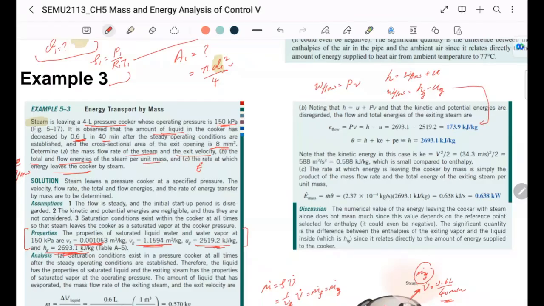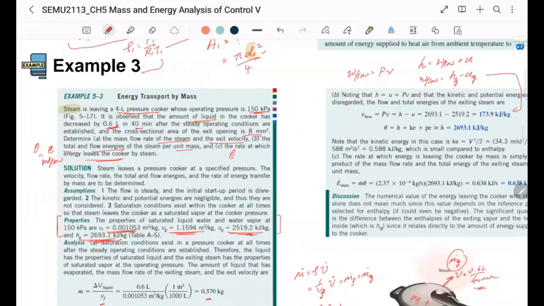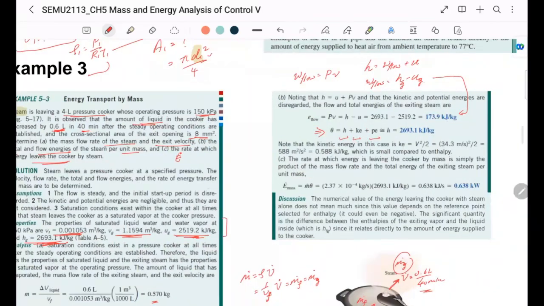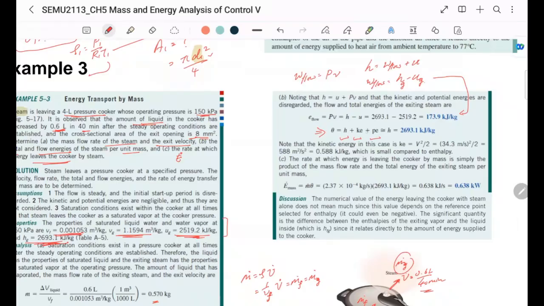And then the total energy, theta, is defined by this: H plus kinetic energy plus potential energy. Kinetic energy is close to 0, as we know, so we can approximate it as equal to H. Potential energy is definitely 0, or we can include it as well, it's not a problem.